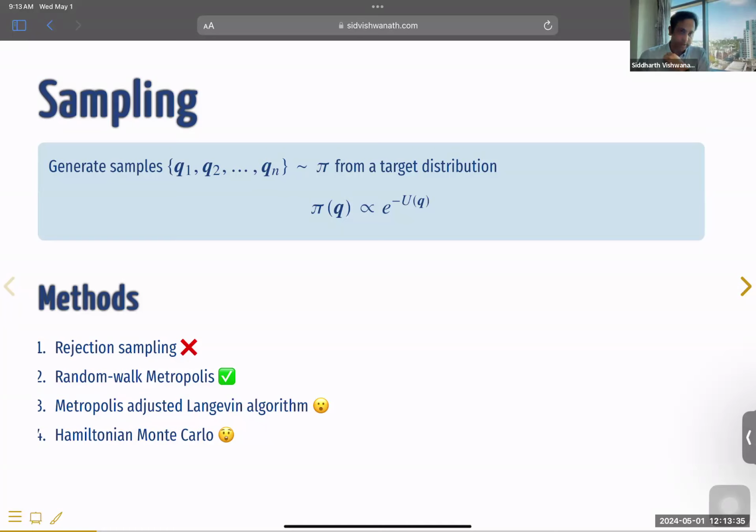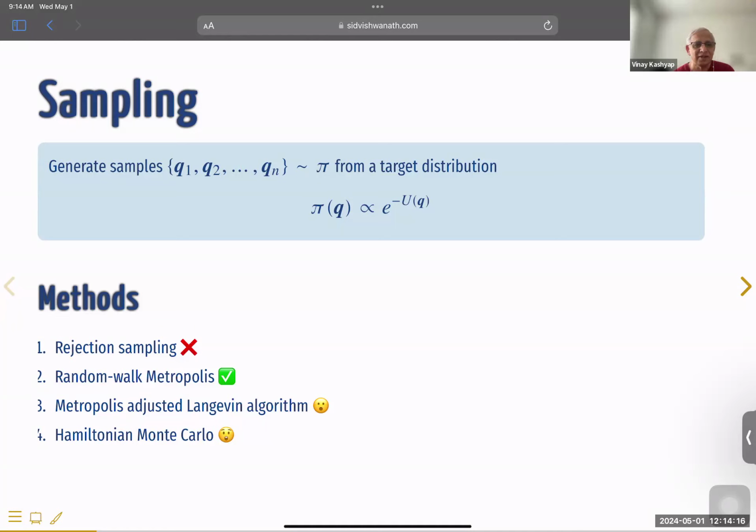It starts all the way back with rejection sampling, then Metropolis-Hastings and random walk Metropolis, and you can add to that by considering the gradient information underlying your target distribution. This gives you variants like the Metropolis adjusted Langevin algorithm and Hamiltonian Monte Carlo. These are methods where you generate proposals and then run them through a Metropolis step.